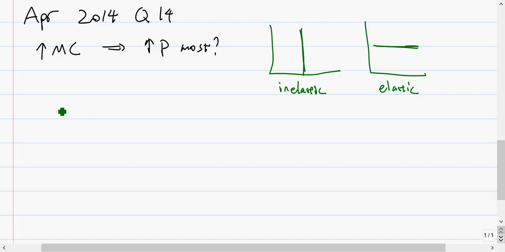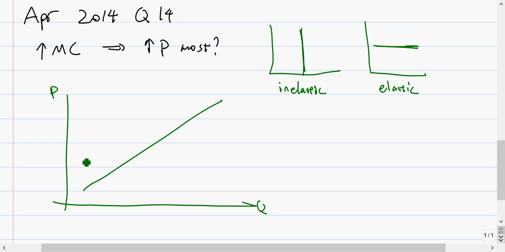So first, let's compare the demand. Suppose we have Q and P, and we have an upward shift of our supply curve. Then we compare two cases. One is a very inelastic demand, which, as I said, is a relatively vertical one.